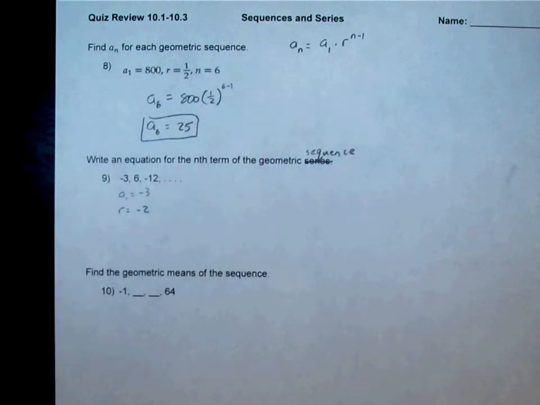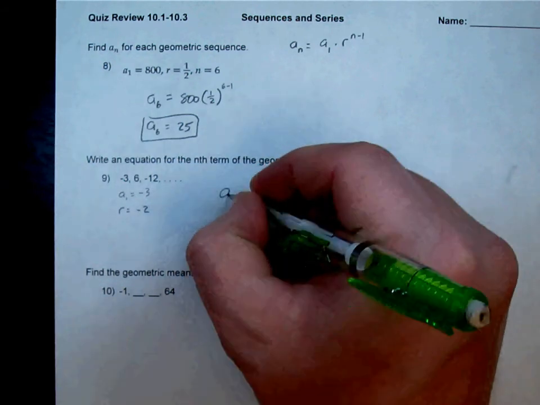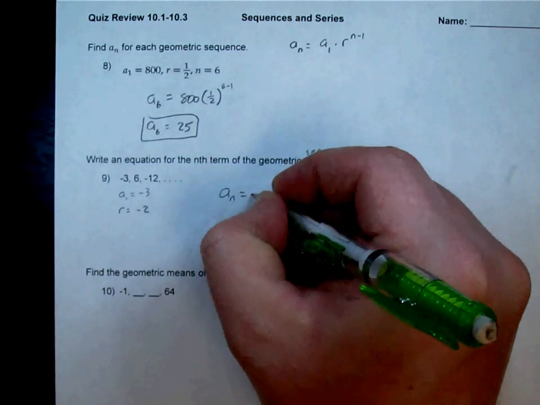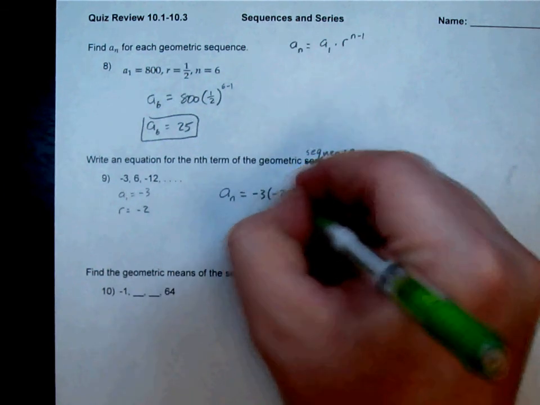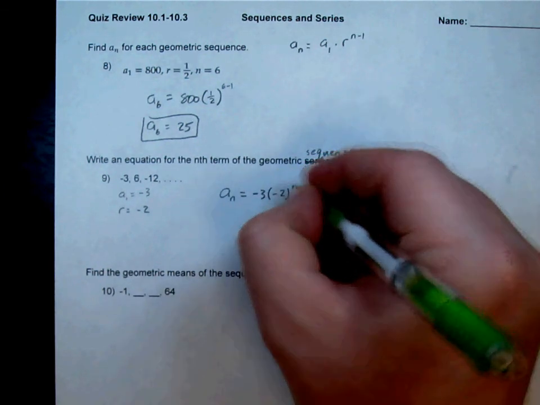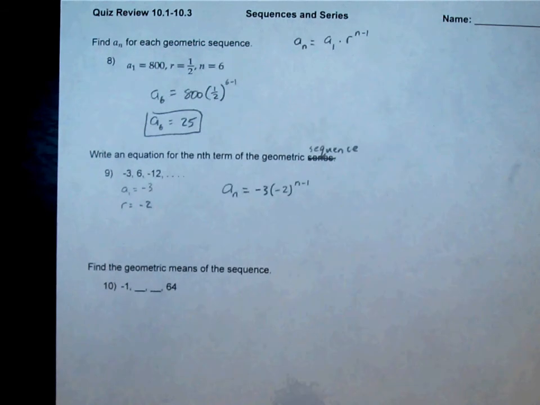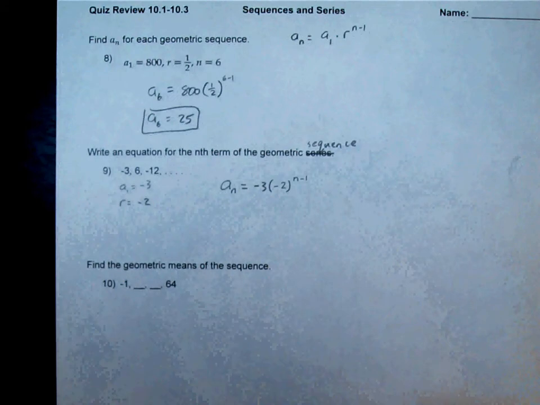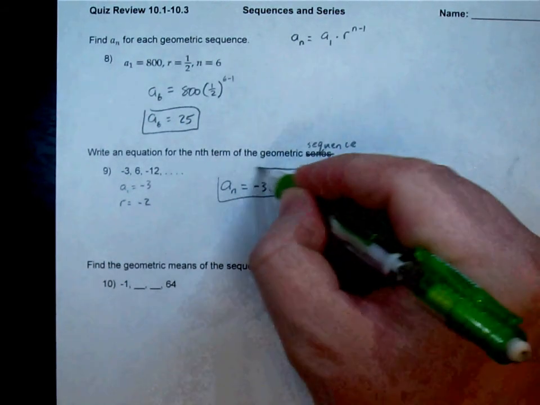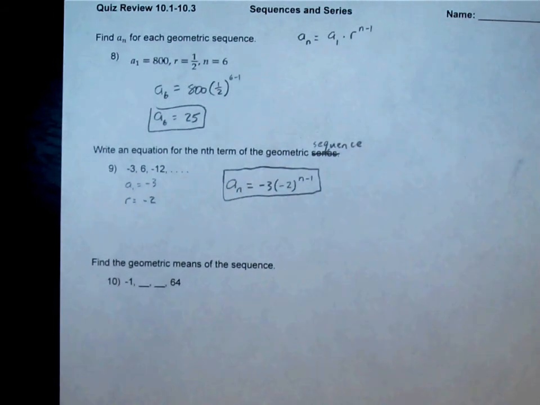I don't know what n is. They want me to write the nth term. I don't need to plug anything in for n, so we're just going to plug in those two numbers. So a sub n equals -3 times, do parentheses around your r, the -2, to the power of n minus 1. That right there is the formula. You may not multiply -3 times -2, because -2 has an exponent on it. So there's nothing more you can do to that problem. That was the answer.